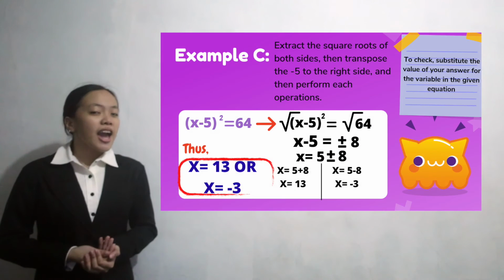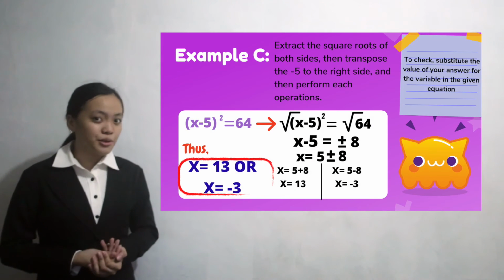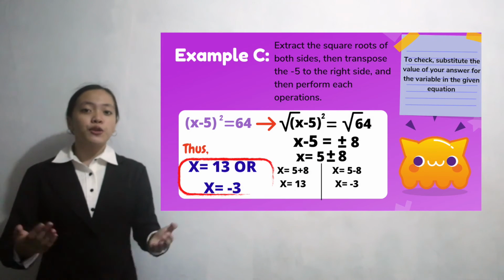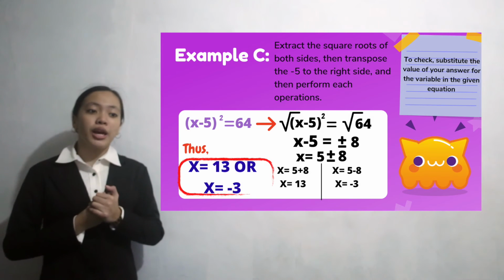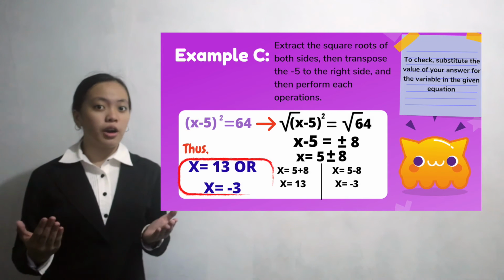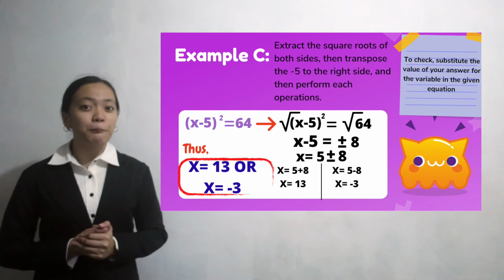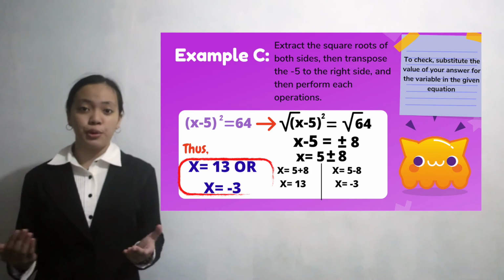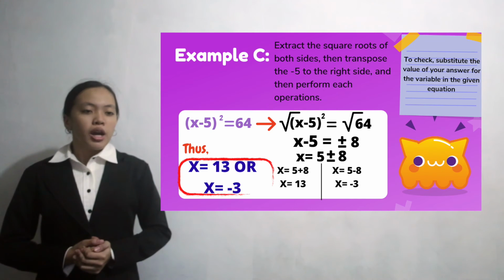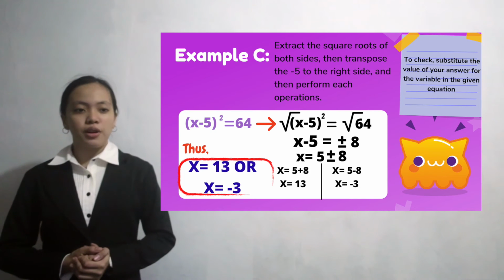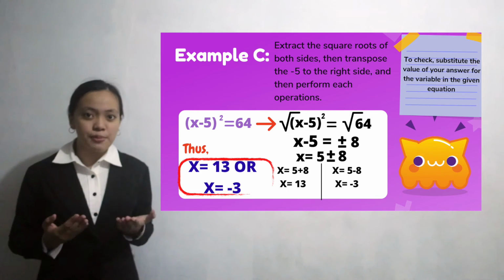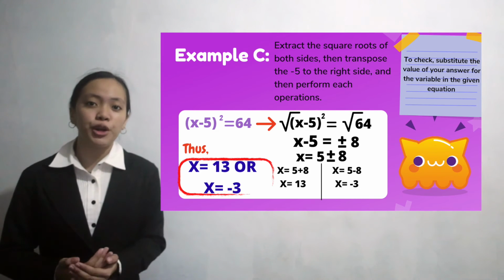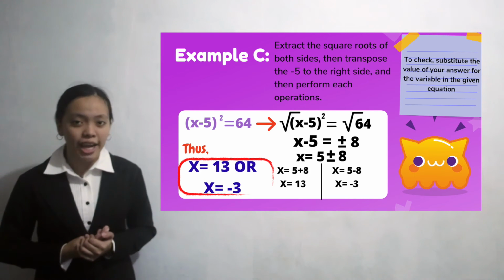And lastly, we have example C. In example C, we have the given (x minus 5) squared equals 64. First, we see that both sides are perfect squares, so we extract the square root on both sides. The square root of (x minus 5) squared is x minus 5, and the square root of 64 is positive or negative 8.